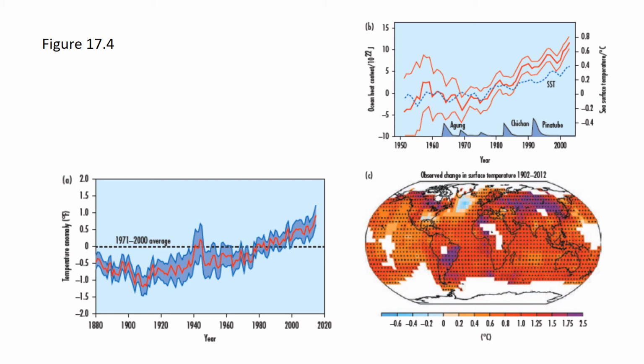And then finally, in panel C, we have a global view of what has happened to ocean temperatures, again on a relative scale, but the picture, generally speaking, is that ocean temperature wherever you go has increased, with the single exception of the North Atlantic to the south of Greenland, where ocean temperature has actually decreased.